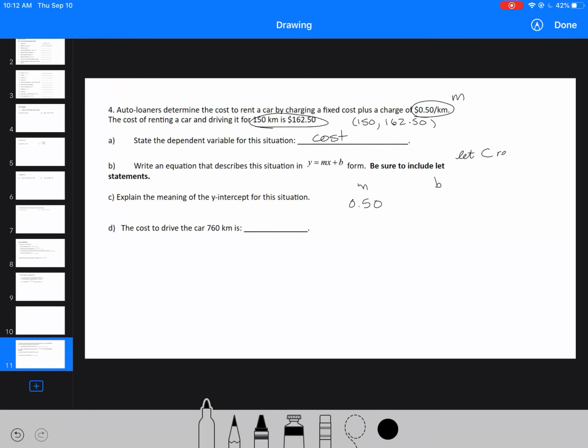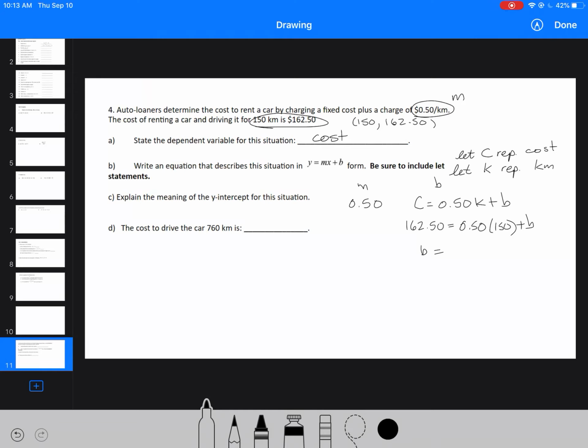So I'm going to let c represent cost and let k represent kilometers. So now I have my general equation, and I can substitute in my point that I know. So 162.50 equals 0.50 times k plus b.